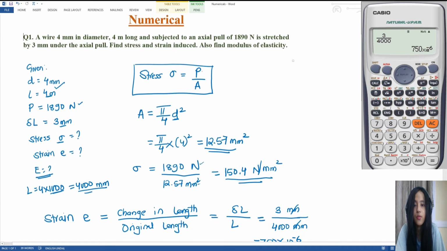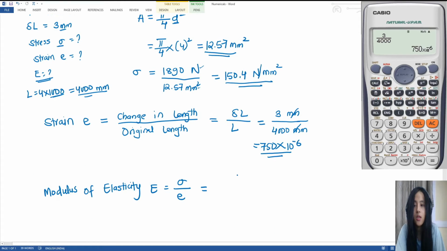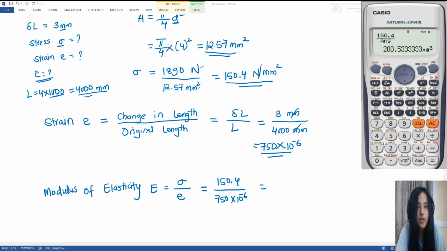Stress is equal to 150.4 divided by strain is 750 into 10 raised to power minus 6. So let us find 150.4 divided by its answer. So I'm getting 200.5 into 10 raised to power 3.